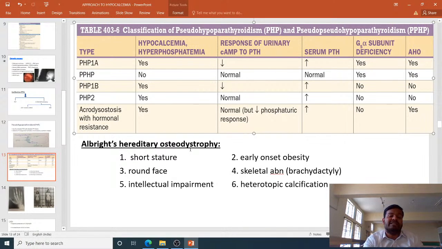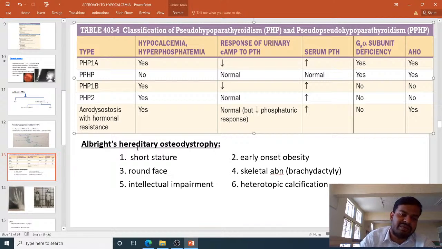Pseudohypoparathyroidism 1A can have Albright's hereditary osteodystrophy, and pseudopseudohypoparathyroidism can also have it, while 1B and 2 don't have any Albright's hereditary osteodystrophy.